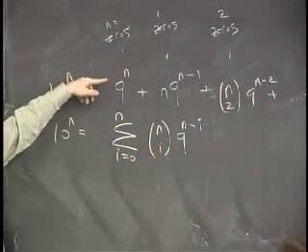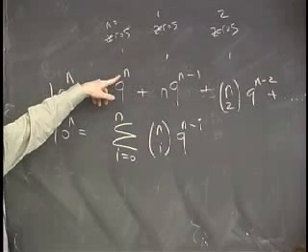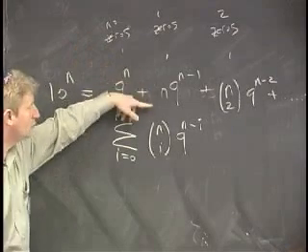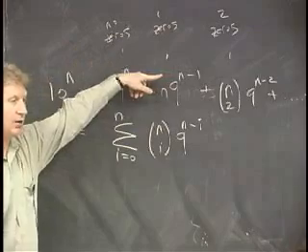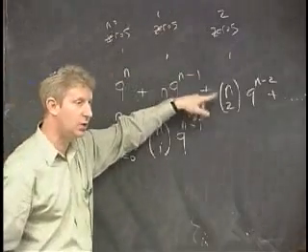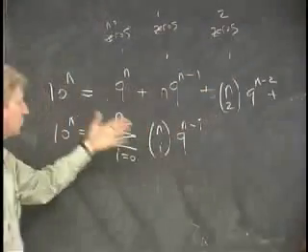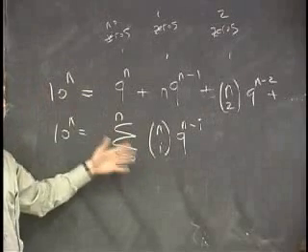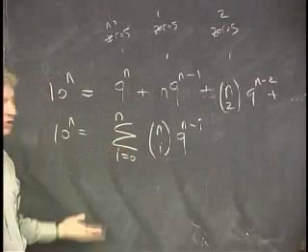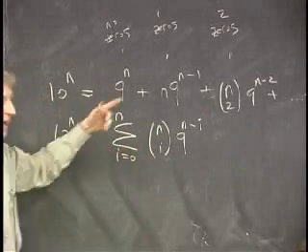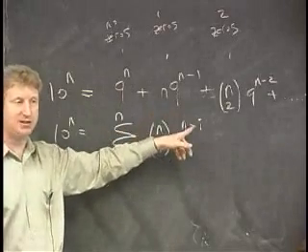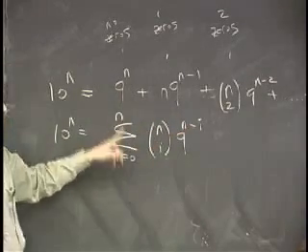The first term is n choose 0, 9 to the n minus 0. The next term is n choose 1, 9 to the n minus 1. The next term is n choose 2, 9 to the n minus 2. This is a shorthand of writing it. All this says is that this sum is just a bunch of terms that all look the same. They're all n choose something times 9 to the n minus that something, and that something ranges from 0 to n.